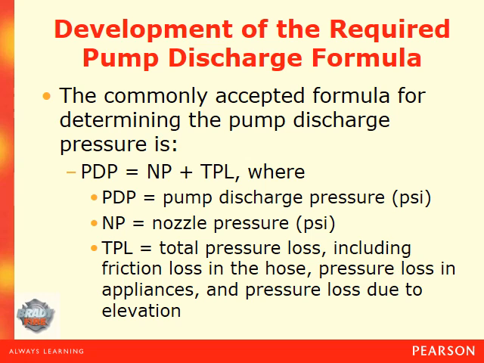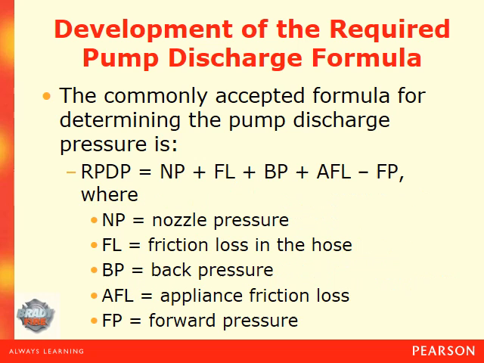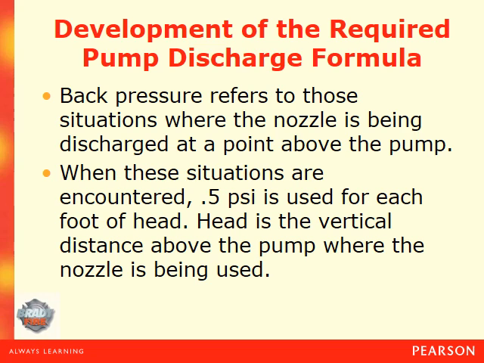And that includes such things as friction loss in hoses that we determined last chapter, pressure loss due to appliances, and we'll give you set numbers for that, and your pressure loss as well as gain due to elevation. It's important to know that you may not have all these variables on one problem, or you may have all of them. It just depends on the given pumping scenario and situation.